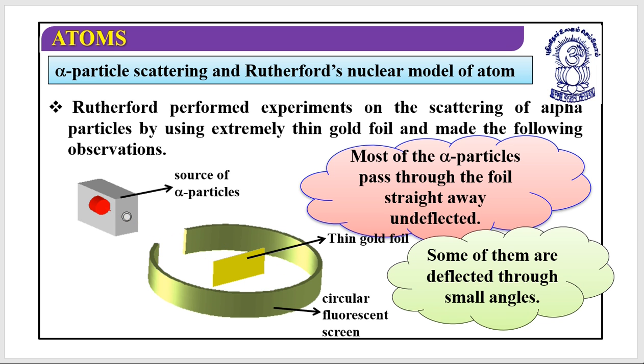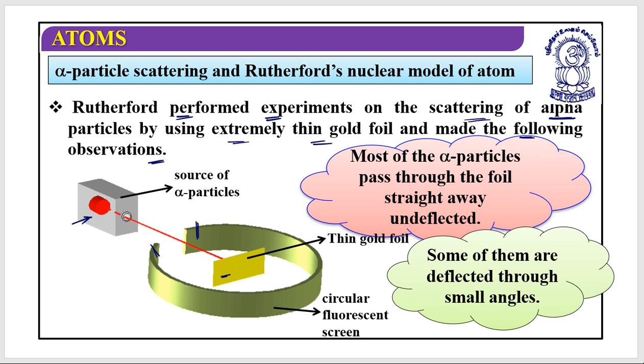Rutherford performed an experiment on the scattering of alpha particles by using an extremely thin gold foil and made the following observations. As you can see, this is the source of the alpha particles, this is a very thin gold foil, and this is the circular fluorescent screen.